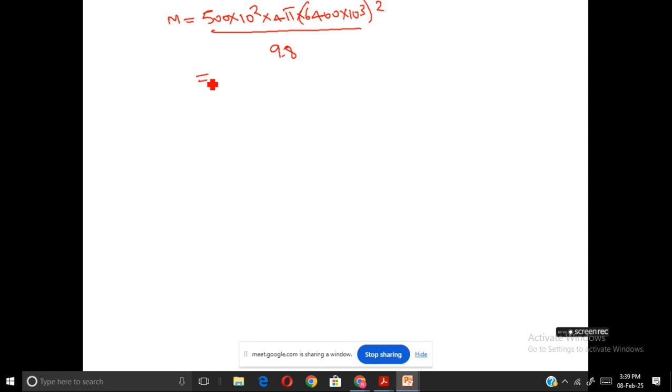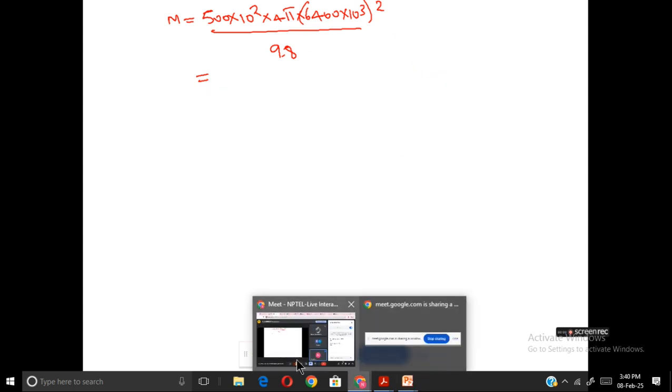So it will be 500 into 10 raised to 2 into 4 into 3.14 into 6,400 into 10 raised to 3, whole square, divided by 9.8. How much will it be?